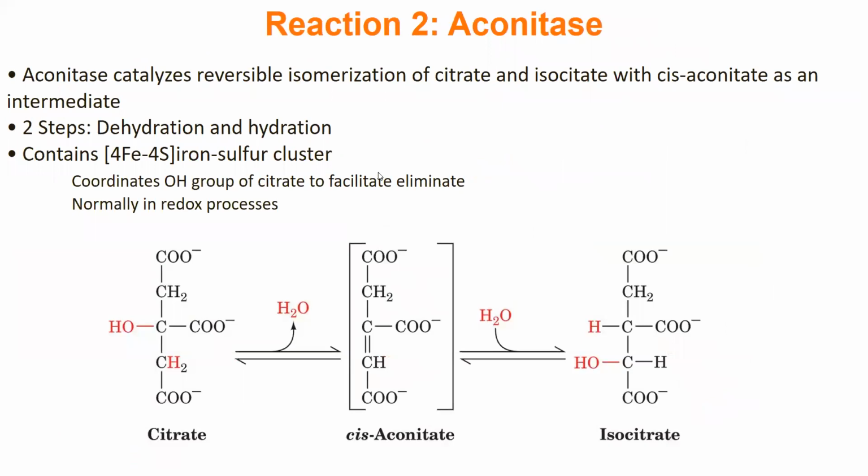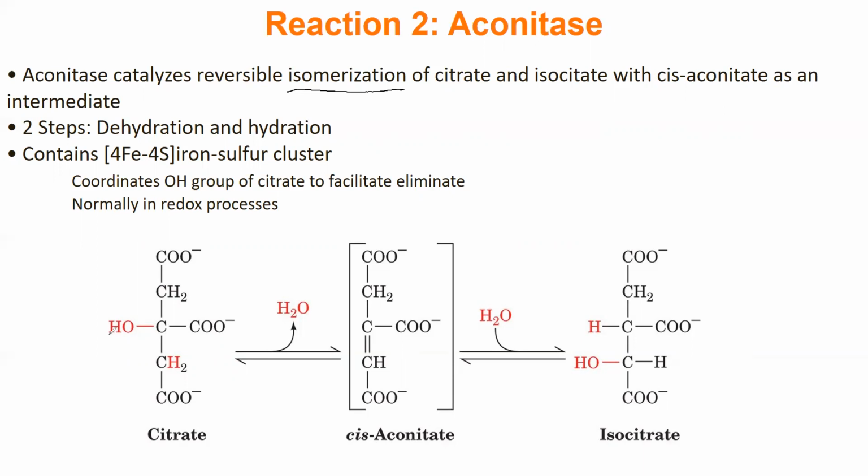So once we have citrate, once we have made our new 6-carbon compound, we just need to change it to isocitrate. This is an isomerization. So remember, an isomerization is similar to a mutase in that all you're doing is moving a functional group.